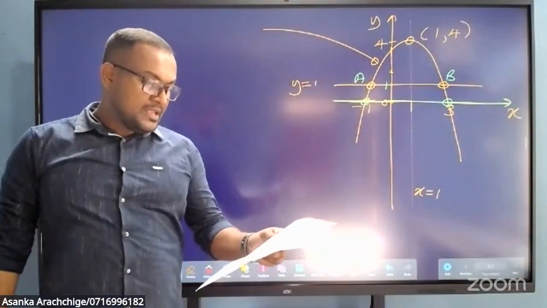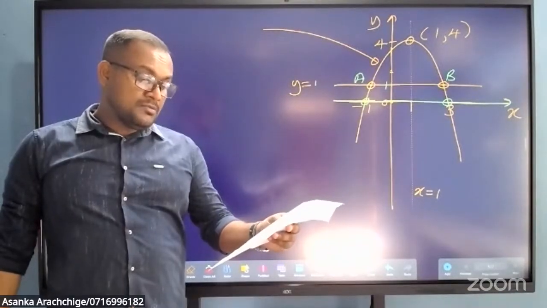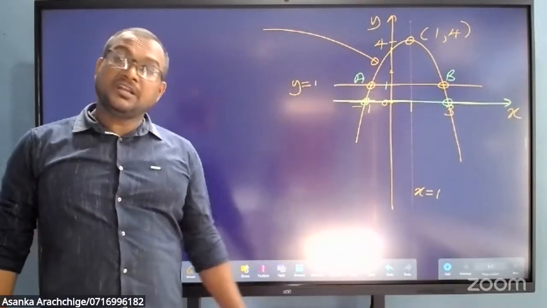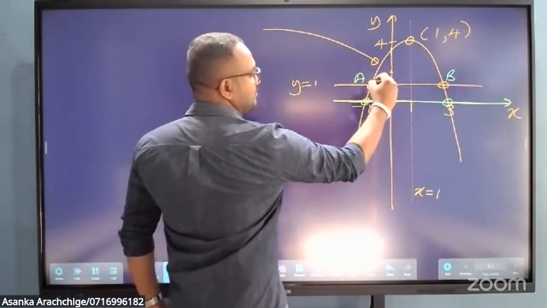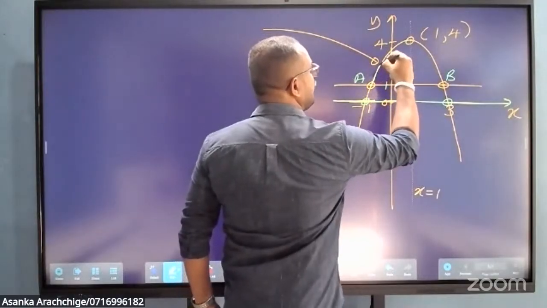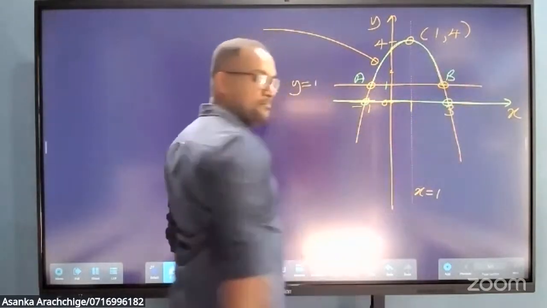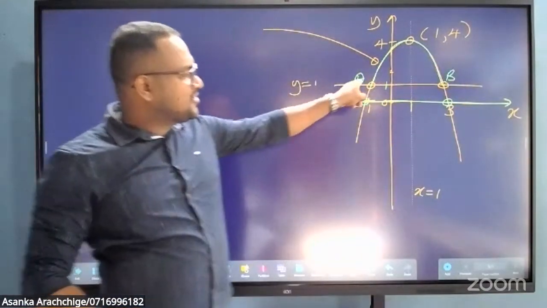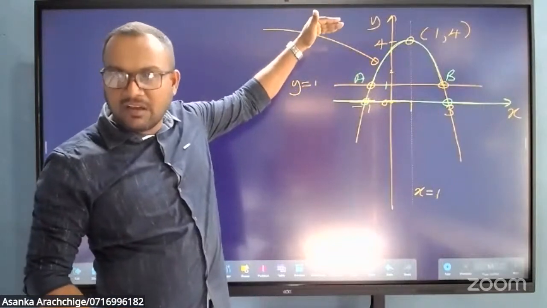We are asked to write the interval of values of x on which y is greater than 1. Y means the function. The function is greater than 1 along this part. This is the region in which the function is greater than 1.